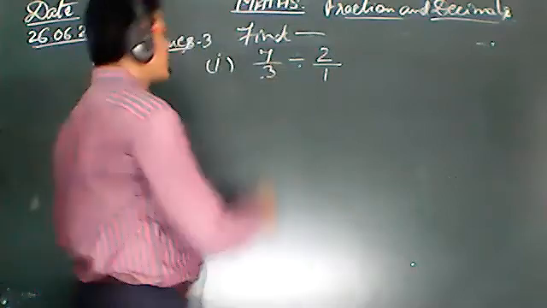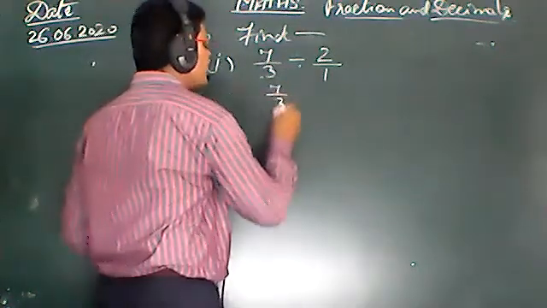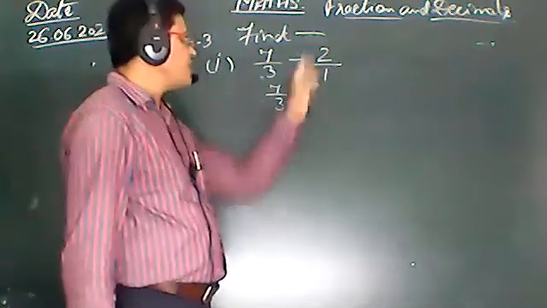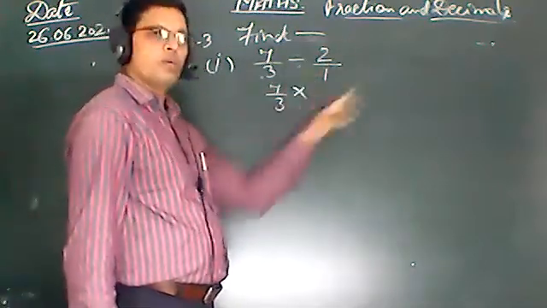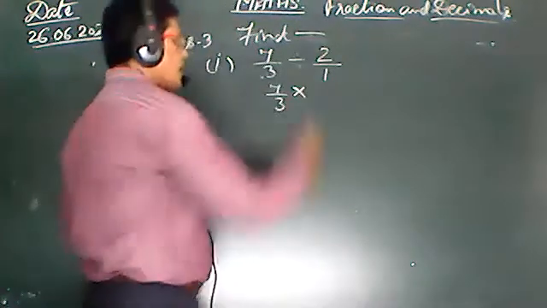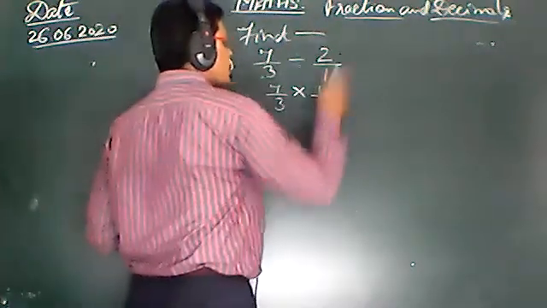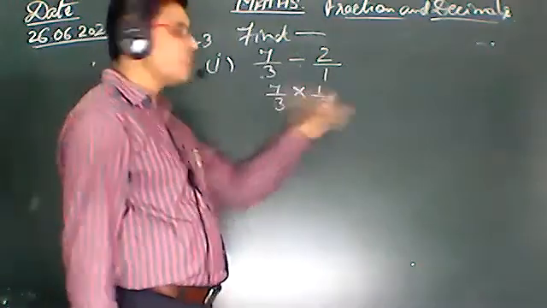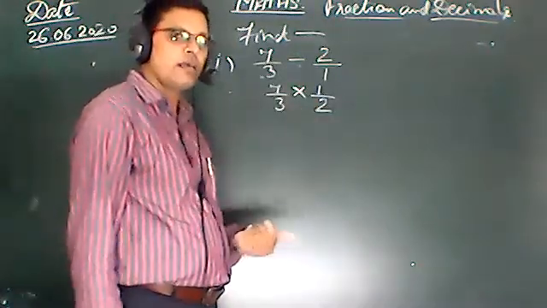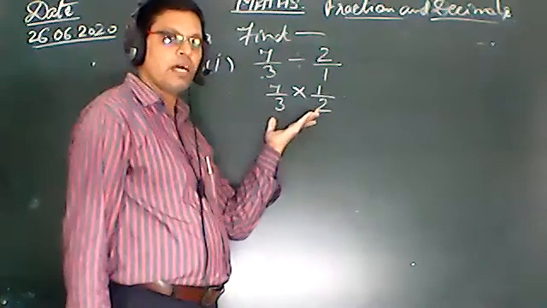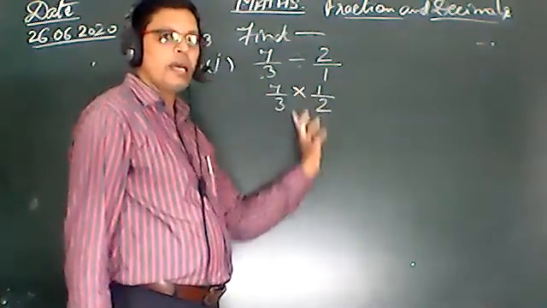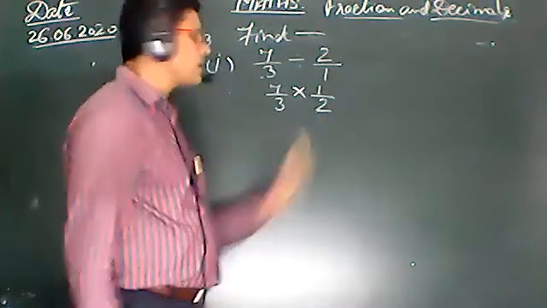Now we write 7 by 3 in multiple form, and the divisor converts to its reciprocal, and it comes 1 by 2. Then we simplify if possible. Otherwise, you multiply numerator to numerator and denominator to denominator.